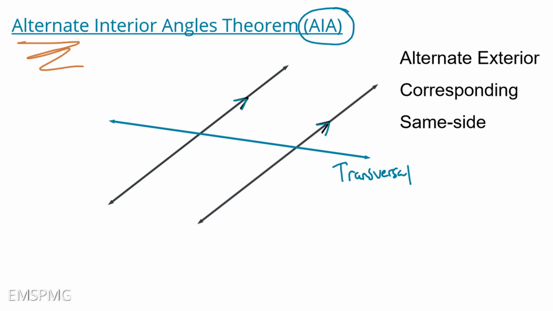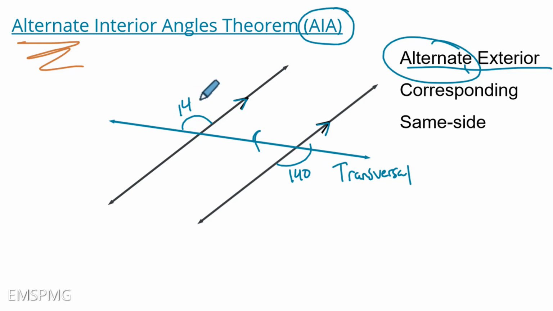All right, now let's check out these other ones. So let's say you had alternate exterior angles. If it's alternating, it's on the opposite side of the transversal. And exterior means that we're on the opposite outside of the two parallel lines, right? So these two, if this was like 140 degrees, then this would also be 140 degrees.